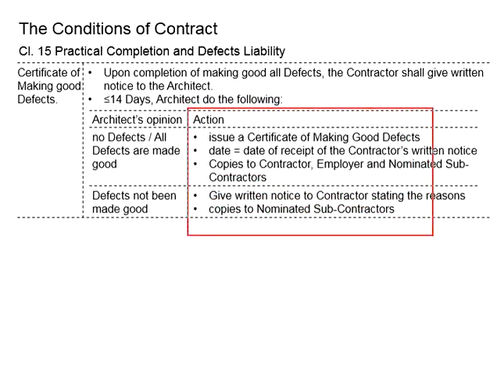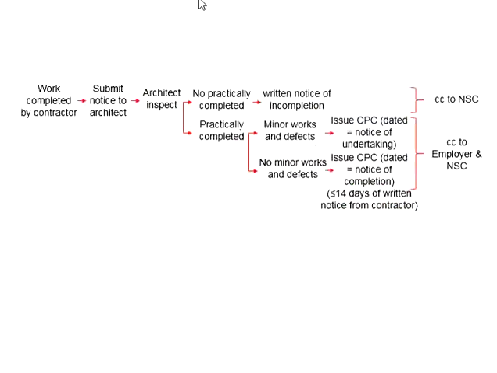The principle here is similar to the case when the CPC is issued. If the CPC is issued, it needs to be CC'd to the employer and NSC. If it is not issued, it is only to be CC'd to the NSC, no need to inform the employer.